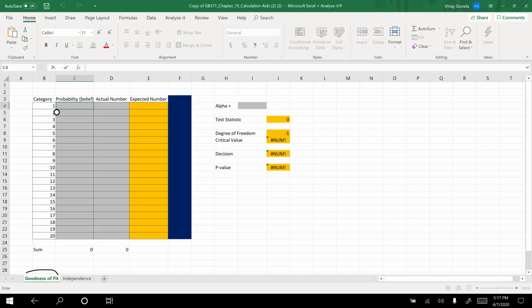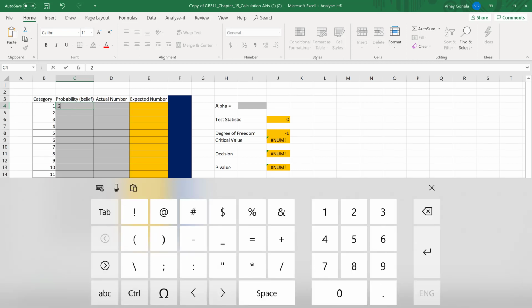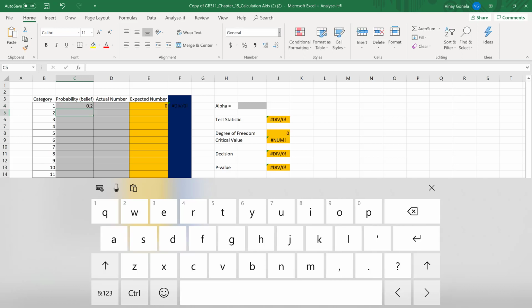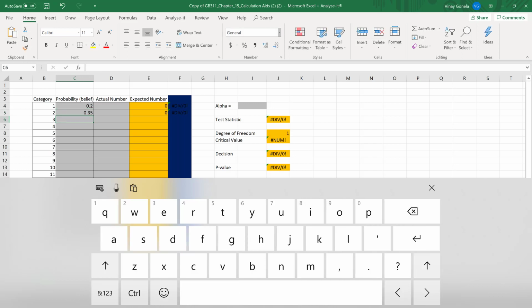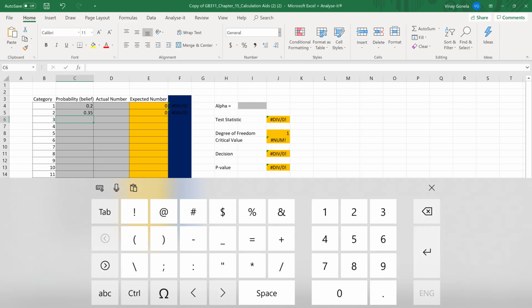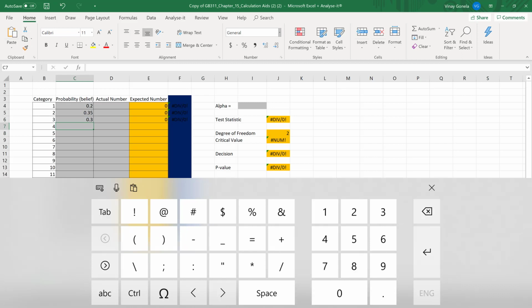I have written these on a sheet of paper, so I will just copy from there. So this is 0.2, the next probability is 0.35, then 0.30, and finally the next probability is 0.15.